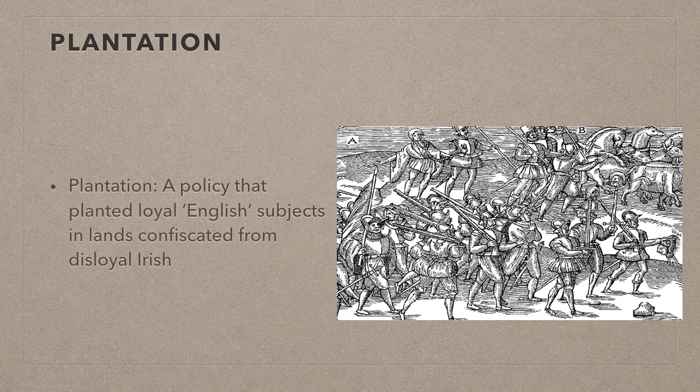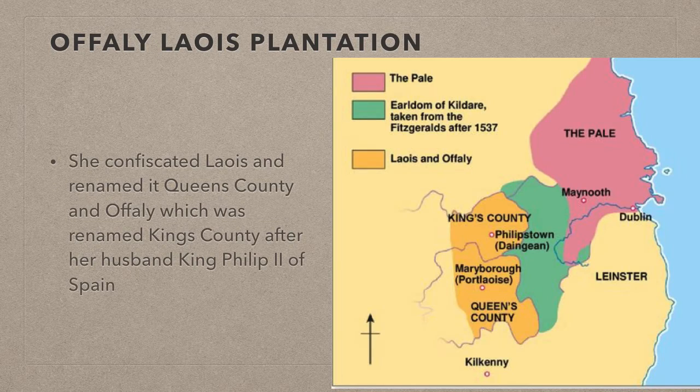The plan was to evict any rebellious Gaelic Irish and confiscate their lands. But then, instead of giving it to other Gaelic Irish or Anglo-Normans, Mary wanted to find loyal Englishmen that could be planted on the land. She launched repeated campaigns west of the Pale to extend its frontiers.